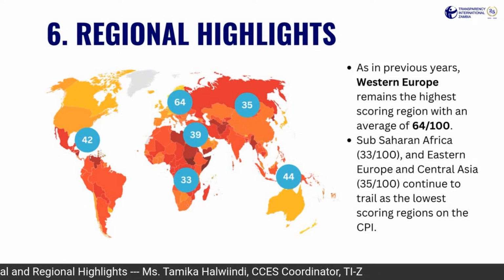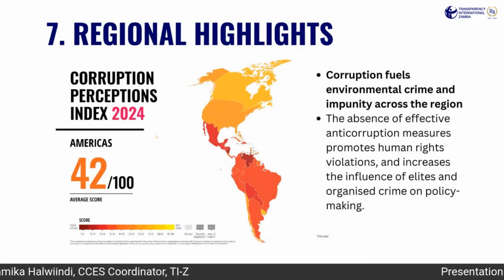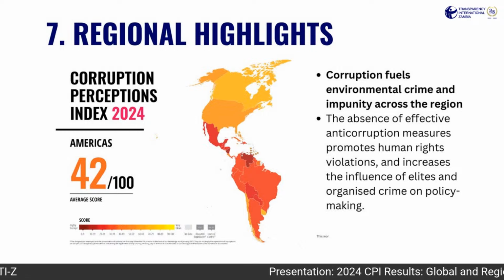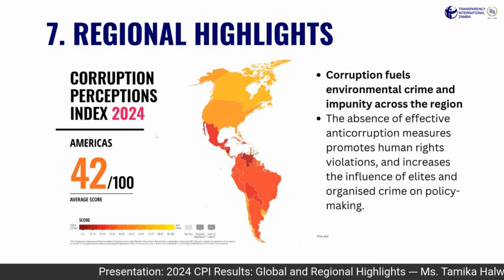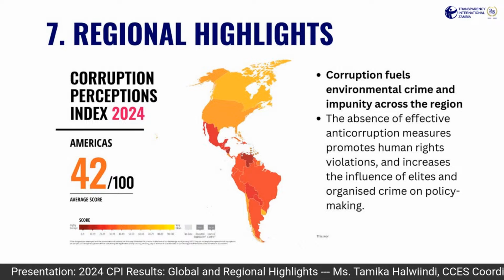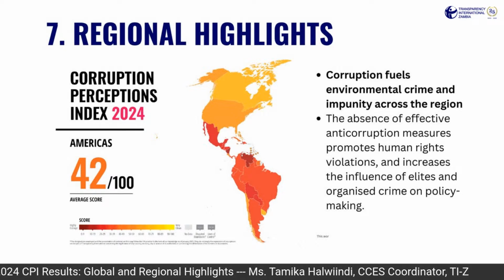So when we begin to delve deeper, a little bit of insight into what's happening in the regions, the first region is the Americas, with an average regional score of 42 over 100. So the Americas is made up of North America as well as South America.